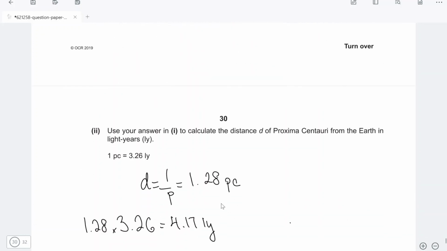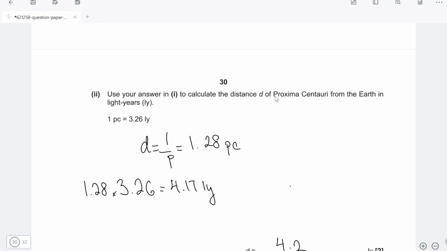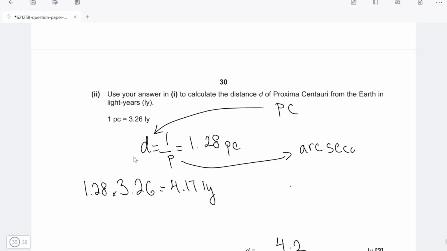Right, moving on: use your answer to calculate the distance of Proxima Centauri from Earth in light years. We're going to use the d is equal to 1 over p equation. However, please note that this equation only works if d is in parsecs and p is in arc seconds. These are the only units that this equation works in.